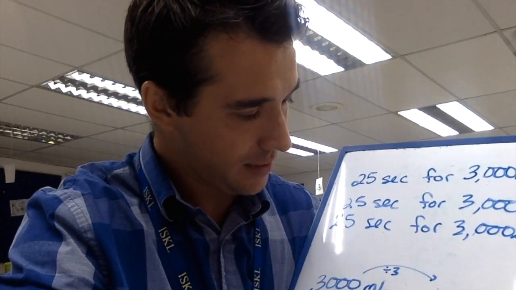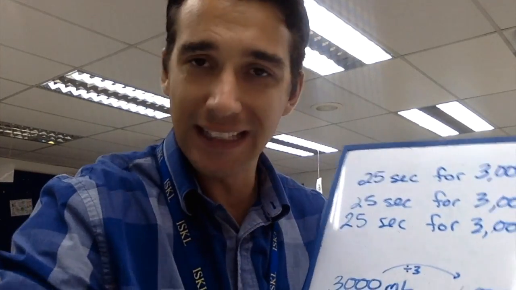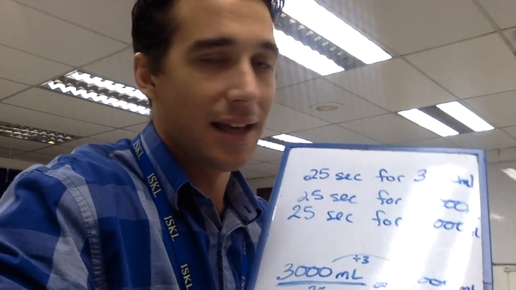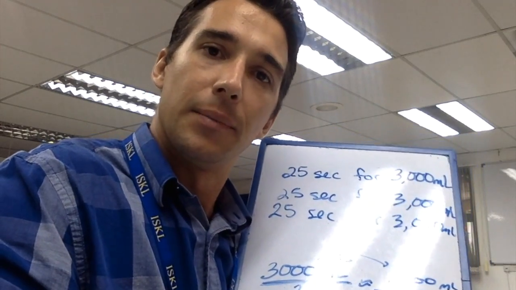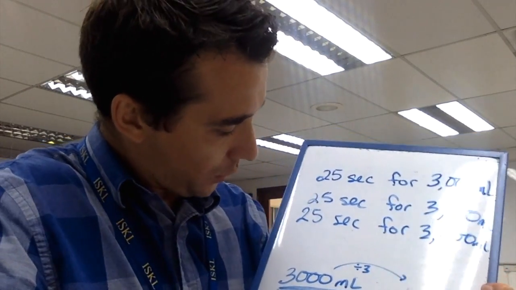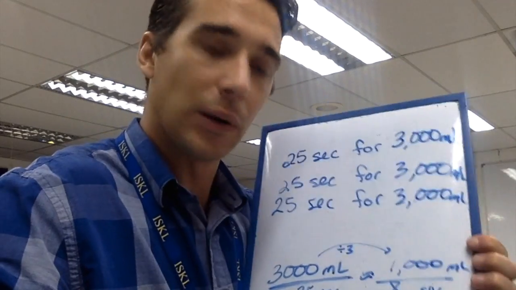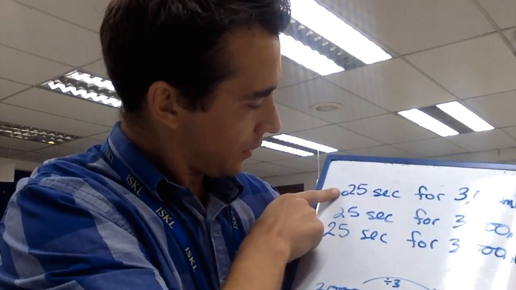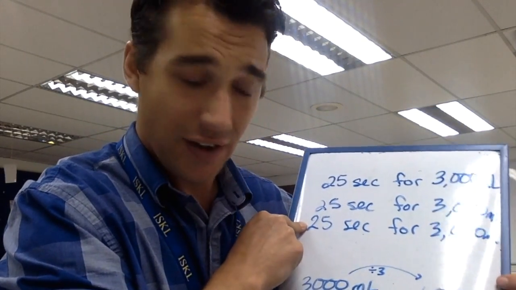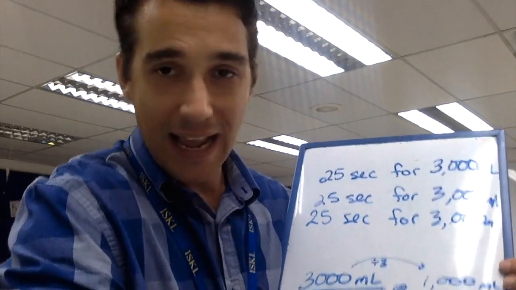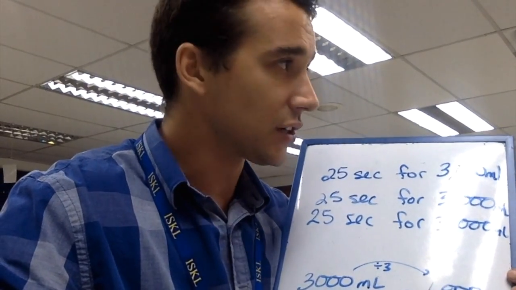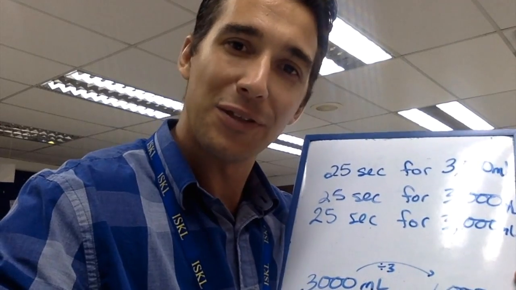So I divide by 3. It's approximately 8 seconds for that last 1,000 milliliters. So my total time for walking and pouring water is now 25, 25, 25 is 75, plus my 8, 83 seconds of just walking and pouring out the water.